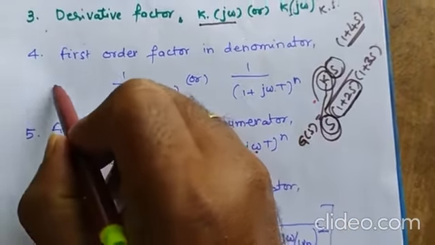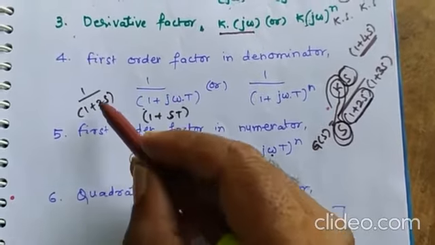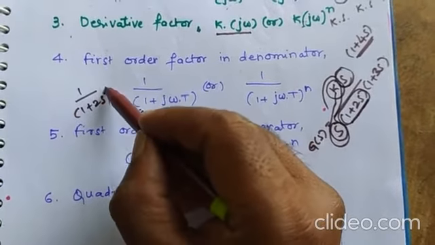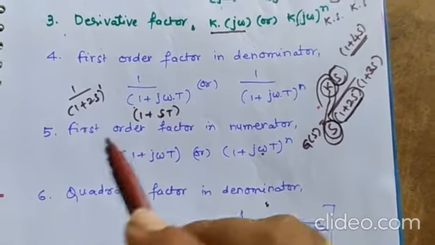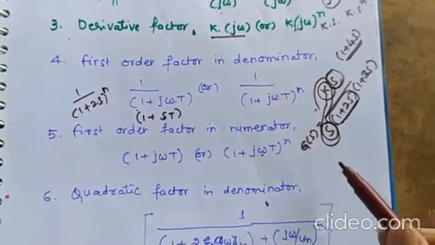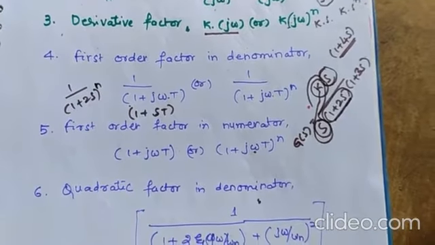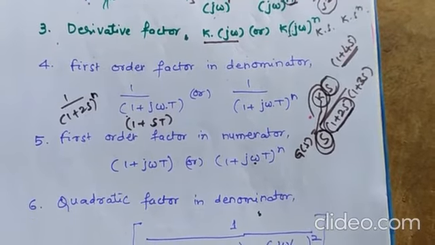For example, 1 upon (1 + 2s). This is a first order factor in the denominator. The power may be n, with different values: n equals 1, 2, 3, 4 and so on.